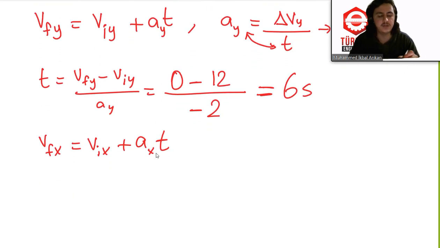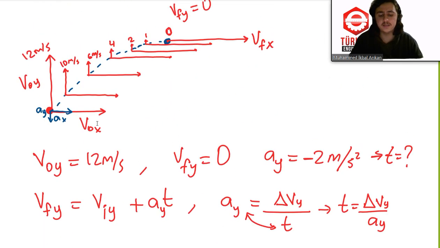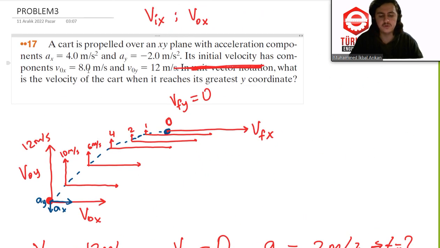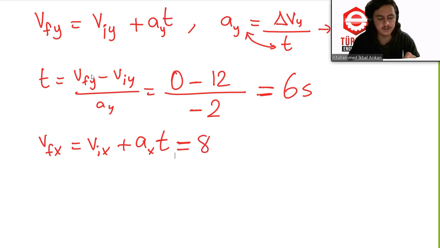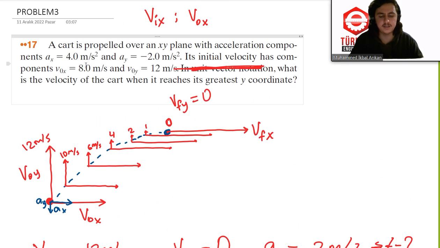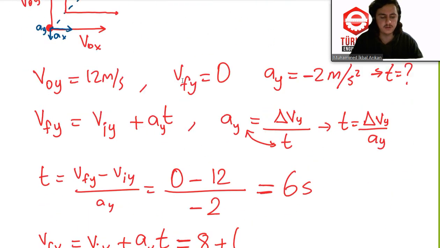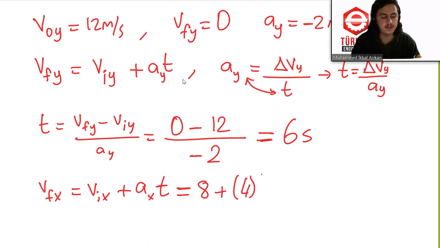Then I can calculate the x final velocity. I know that the initial x velocity is equal to 8 meters per second, plus acceleration in x. Actually it is given and it is just 4 meters per second squared, right? So put 4 and I will put my time, which is this. So 8 plus 24 will give me just 32 meters per second. This is my final velocity.